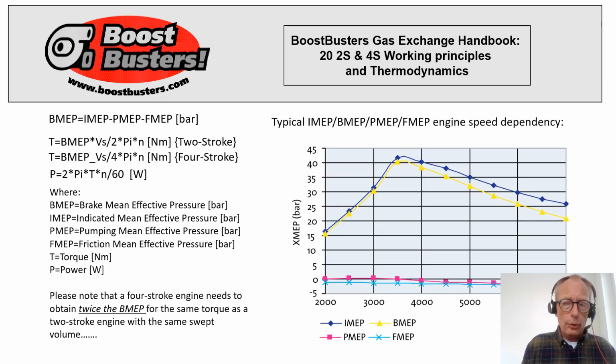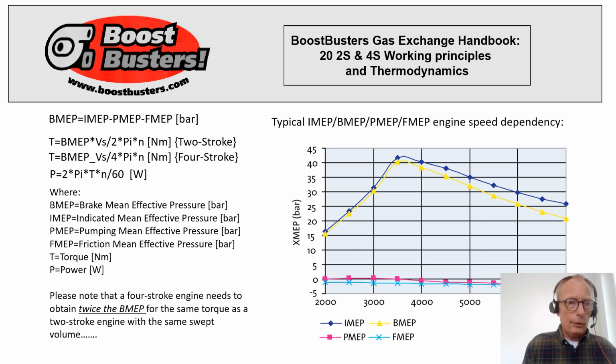Okay, now we finally have been discussing all the important mean effective pressures. So we could formulate brake mean effective pressure, BMEP, which is obtained starting with the indicated mean effective pressure, subtracted with pumping mean effective pressure, and finally also friction mean effective pressure.